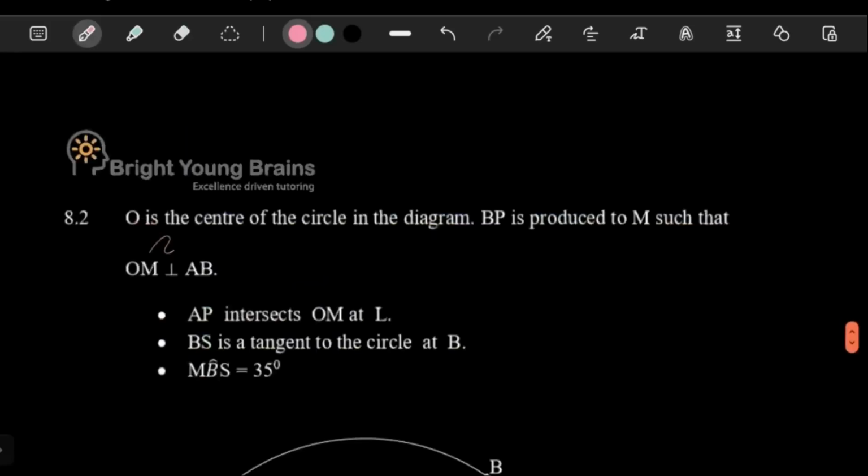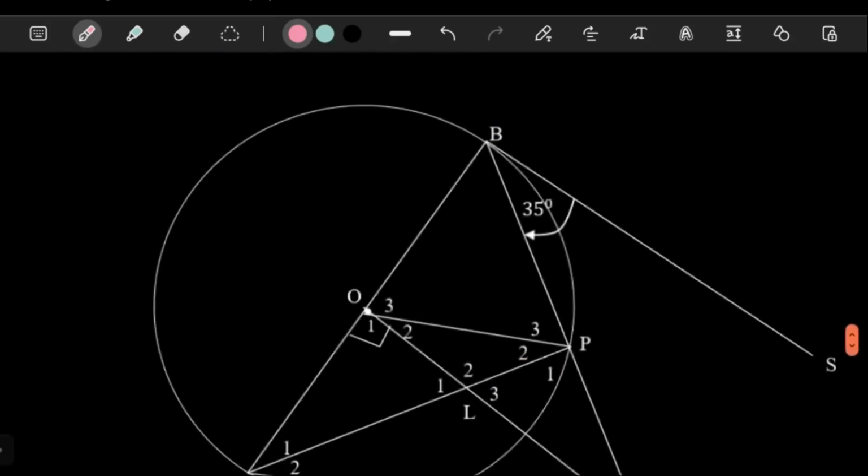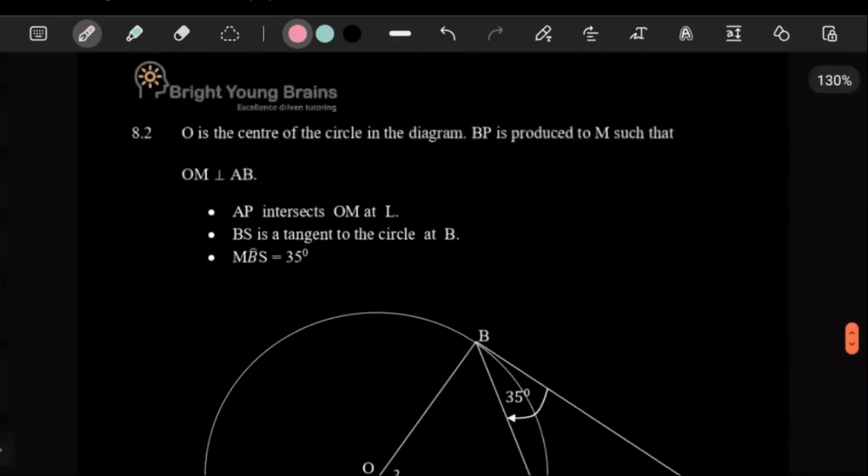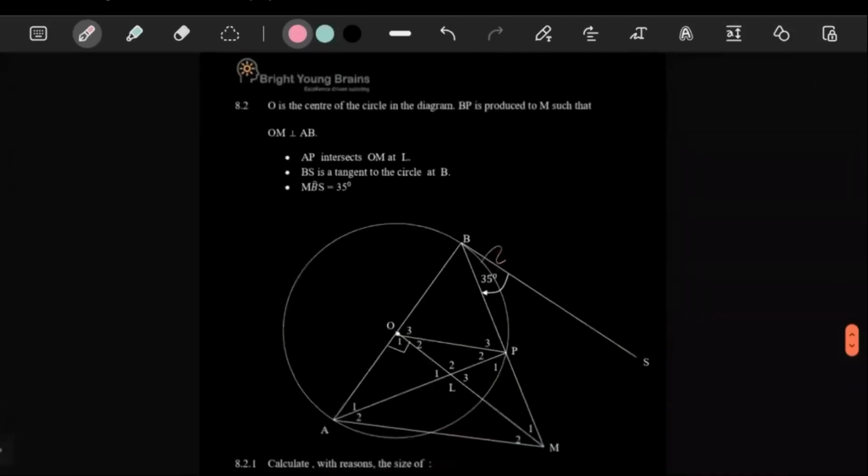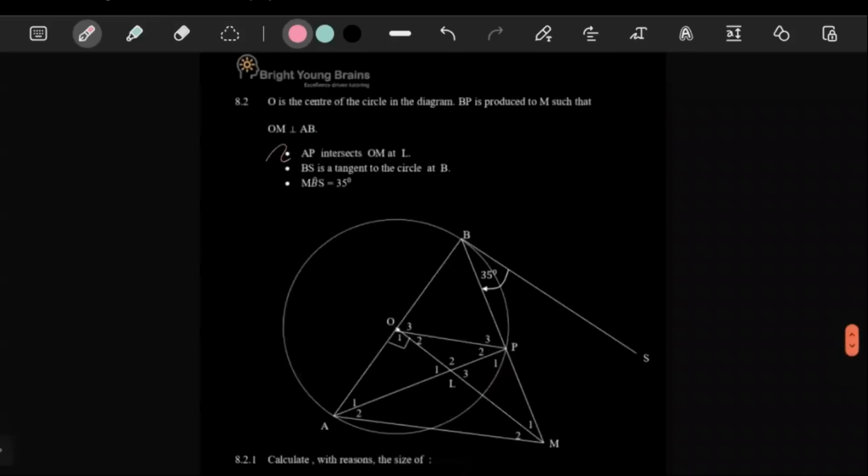It says O is the center of the circle in the diagram. And then it says BP is produced to M such that OM is perpendicular to AB.